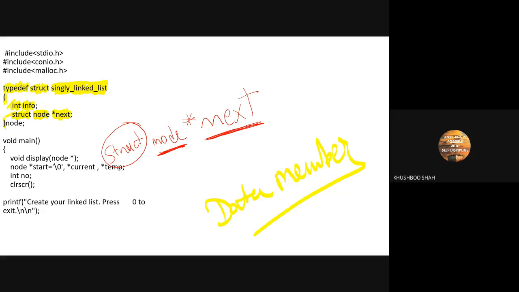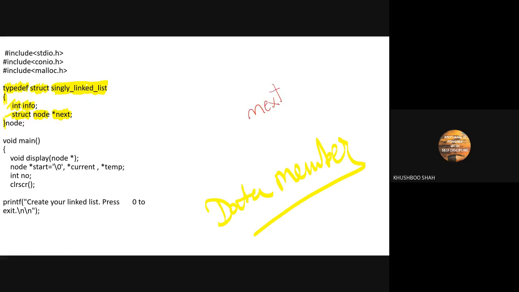I repeat, here we have the next. What is next? Next is a variable, but this is not a normal variable. This is a special variable because the star sign is there. It means that this pointer variable is going to store an address.